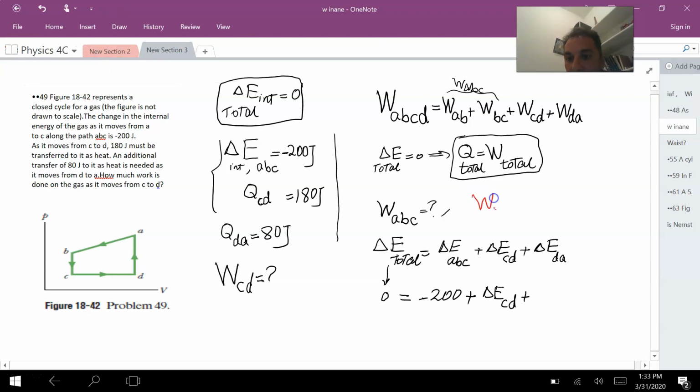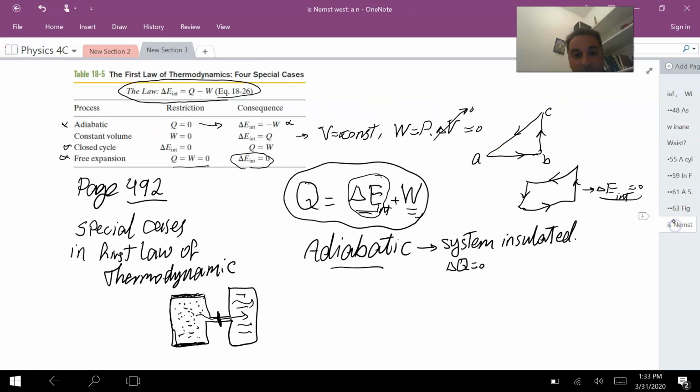What is work done in the path of DA? In the path of DA, volume is what? Constant. If volume is constant, watch out, work done in DA is equal to what? 0. Therefore, using the first law of thermodynamics, delta E is equal to what?